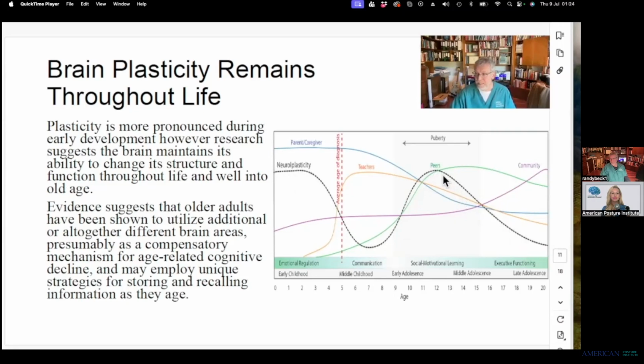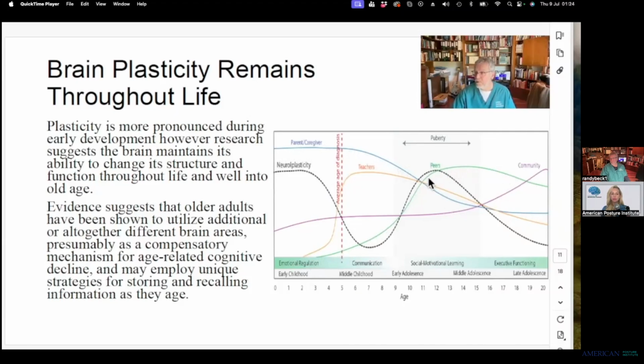Now, let's look at the contributions that different parts of your life have on this. The parent and caregiver keeps contributing to neuroplasticity all the way through childhood, through middle and late adolescence. Emotional regulation really starts to take effect in the puberty ages, and then it continues on.